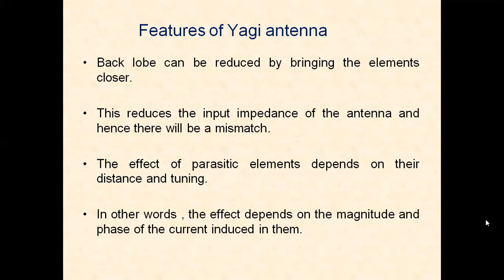In other words, the effect depends on the magnitude and phase of the current induced in them. So there are many design considerations: the length of the parasitic elements and the spacing between them. All these are the things that we are supposed to consider for the design of the Yagi antenna.